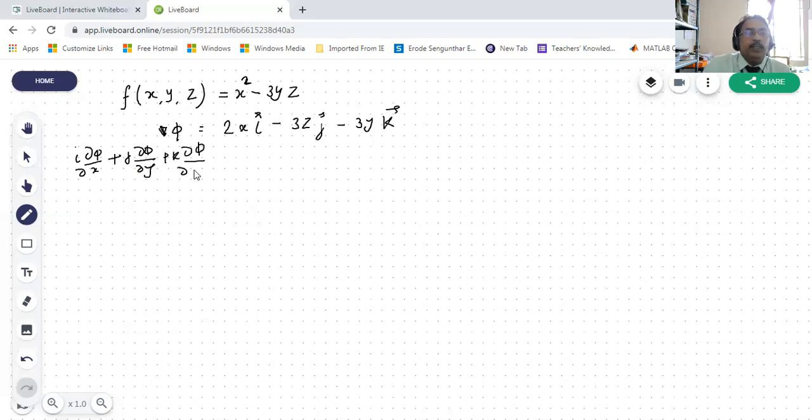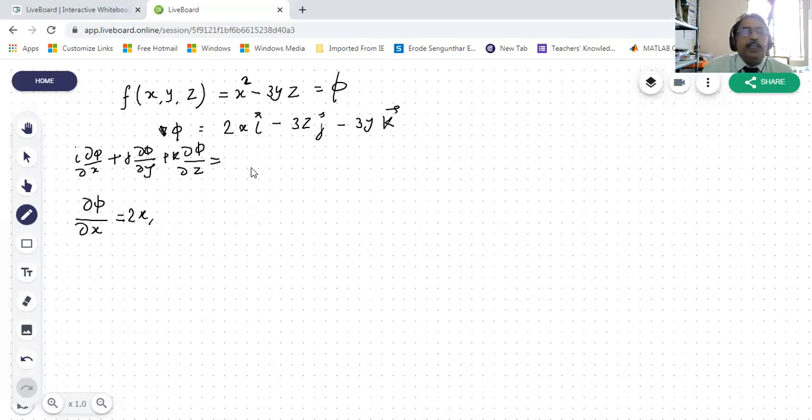Now here we have taken this as phi, the function, and I have differentiated it. What is dou phi by dou x? Partially differentiating phi with respect to x gives 2x.